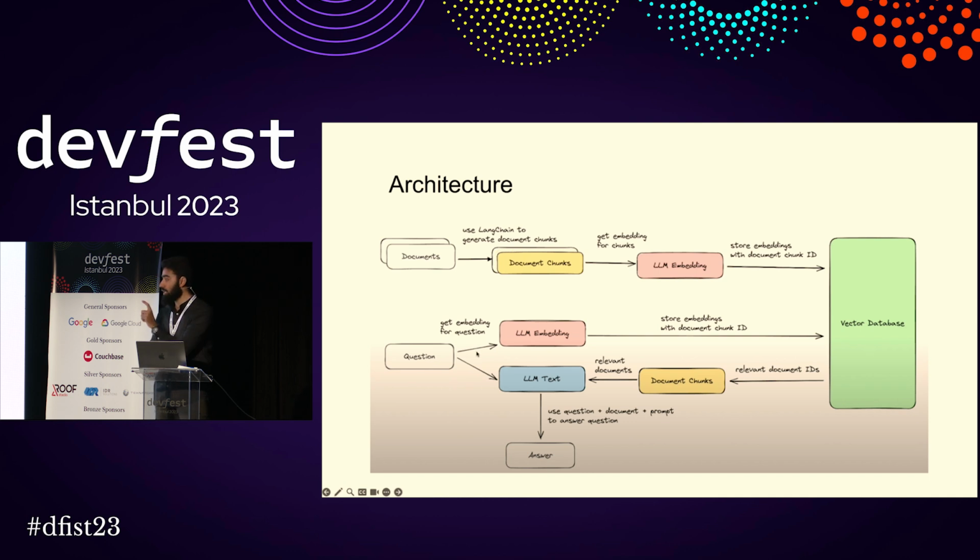We need to convert that into embeddings as well. We search for the nearest matching chunks in our vector store for the relevant information, and those relevant documents are returned. Then the embedding of the question and the relevant documents are both fed to the language model. It can be GPT, Google's PaLM, or Facebook's Llama, and then it answers the question.